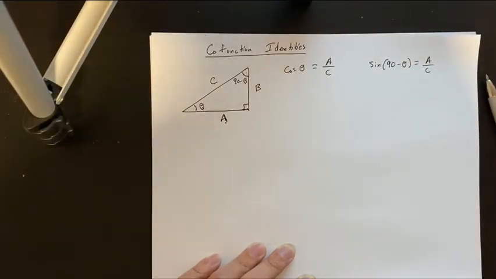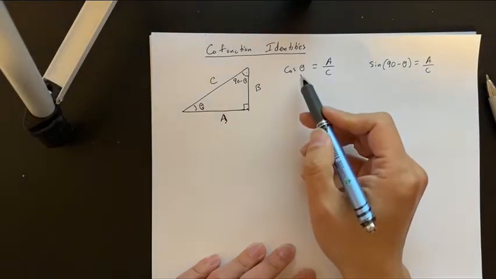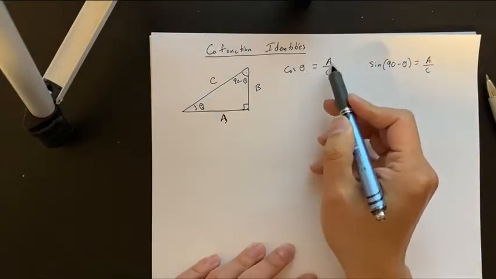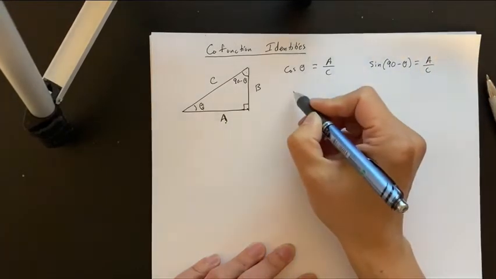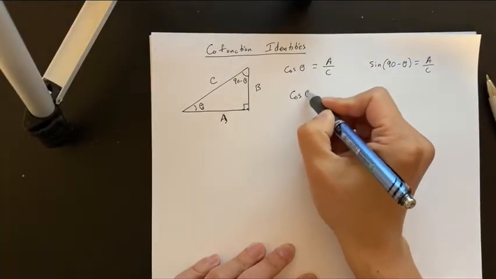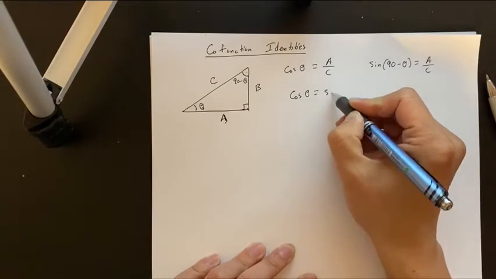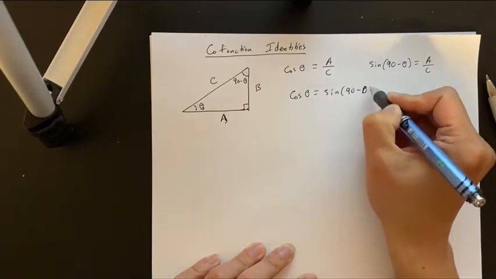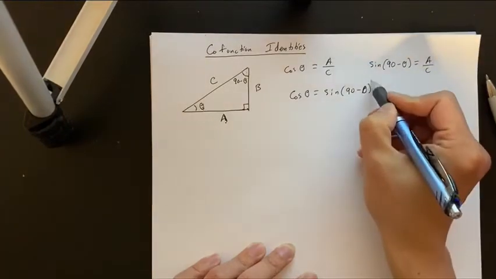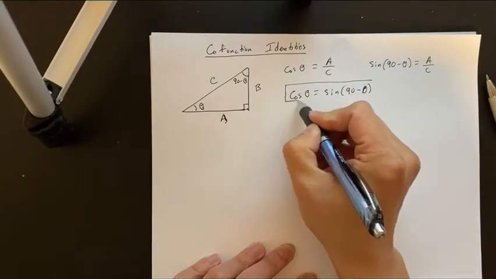Well, if cosine of theta is A over C and sine of 90 minus theta is A over C, that means cosine of theta must be equal to sine of 90 minus theta. And that's going to give us a new identity.